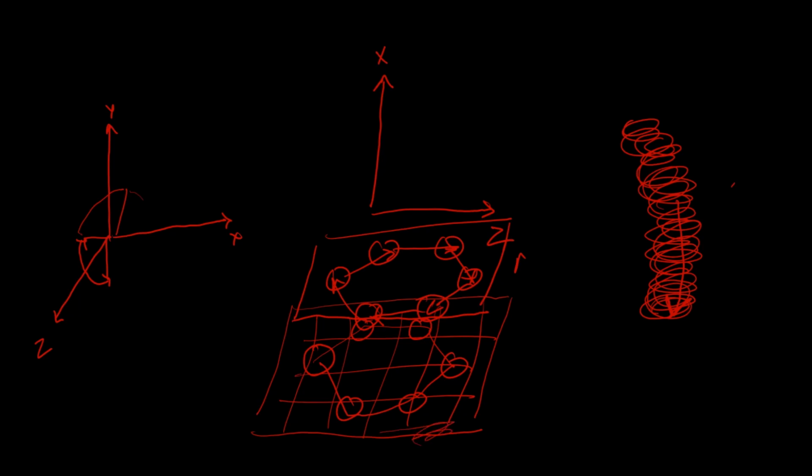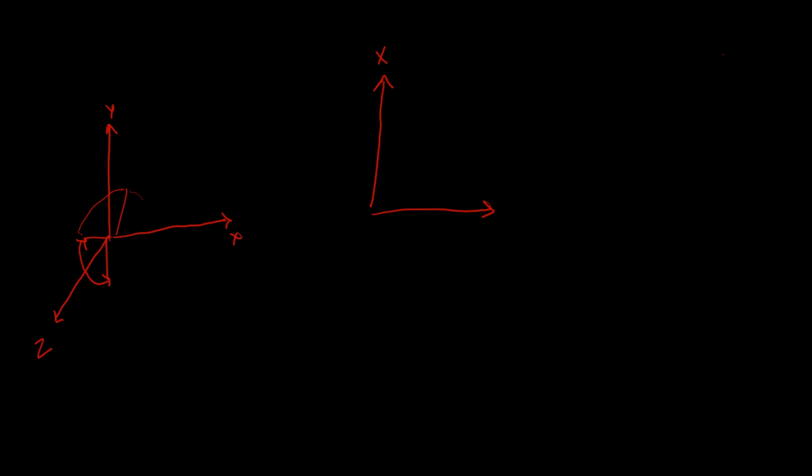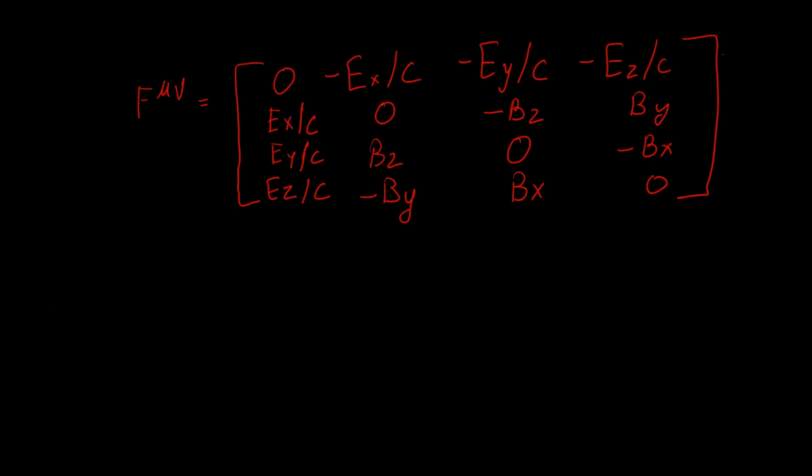We got them here. And for the electric field lines, let's look at the Faraday tensor for a second. In the Faraday tensor, we can clearly see the dimension of time, which is ct in terms of length, and the x, y, and z dimensions are all a number divided by c. That means these lengths are converted to time dimensions. So this is rate of change of time per unit length.